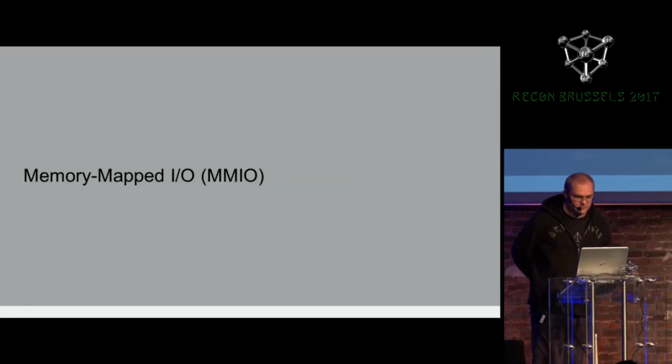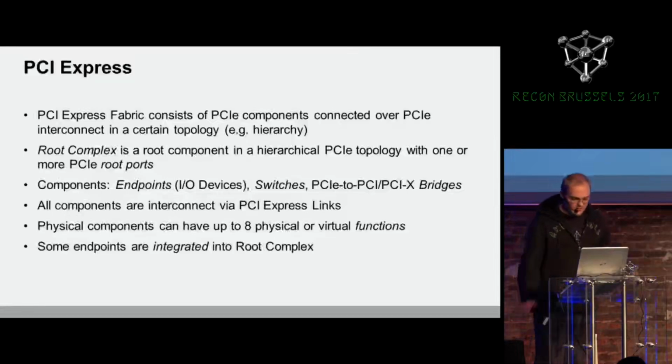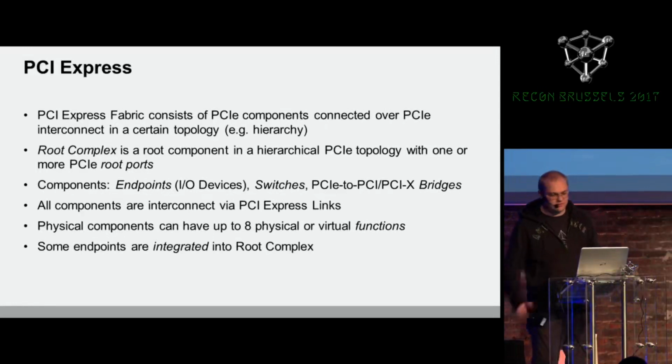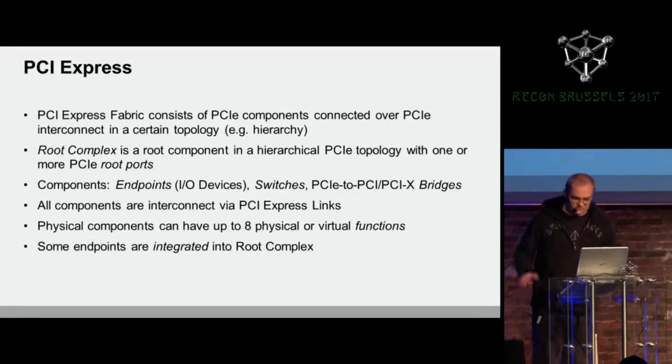A little bit about MMIO, because this bug really relies on the different behavior of MMIO. In x86 systems, to communicate with a device, there is the PCI Express protocol, and in this protocol there is a fabric which contains multiple components.